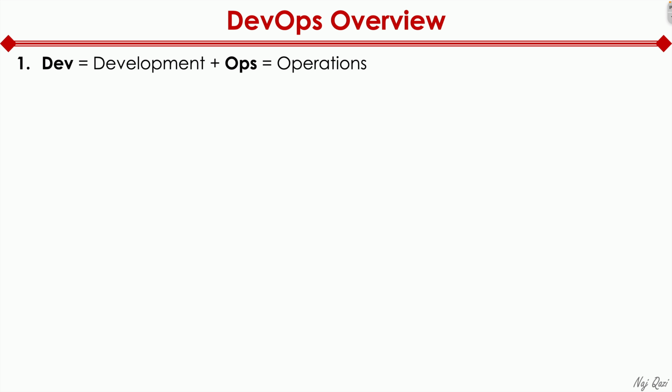So what does it stand for? Well, it comes from two different terms. Software development, that's the dev piece of it, and network operations, that's the ops in the DevOps. So when we combine the two together, we get the term DevOps.